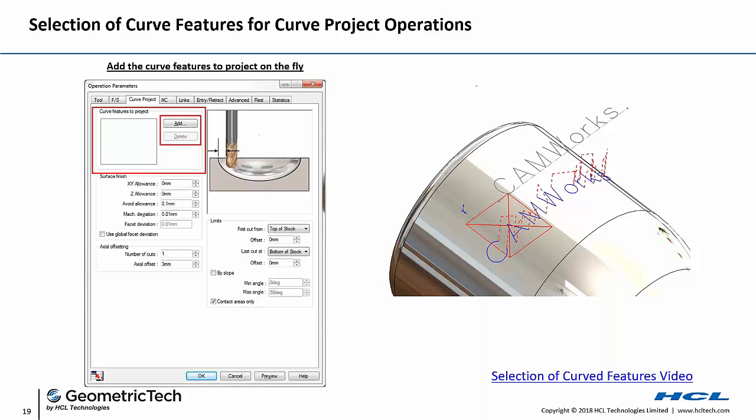It took a couple of steps to do that. What we've done now is add, under the Curve Project dialog box and tab, the ability to select the sketch that you want to project right on the fly as you're creating this operation. So this really just makes it a lot easier and faster for machining.